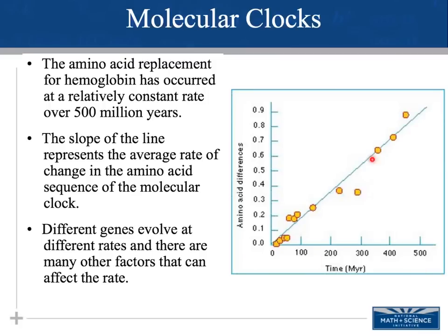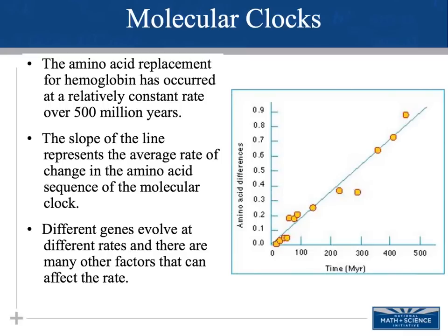The slope of the line represents the average rate of change in the sequence of that molecular clock. It backs up that these genes tend to mutate at a specific rate. Every time you see these yellow data points, that suggests a replacement or mutation took place and that divergence has occurred.